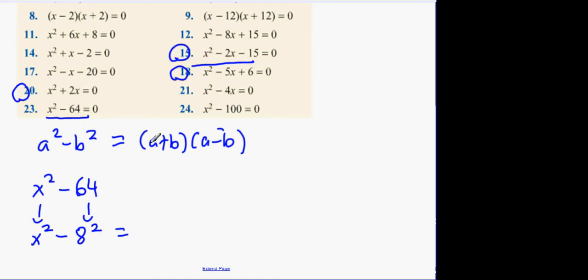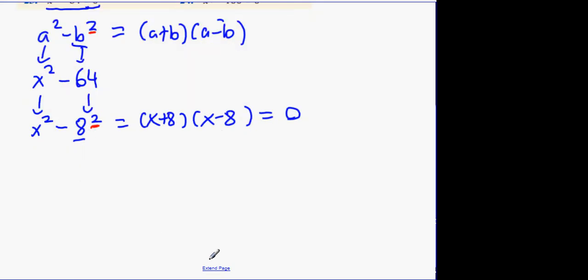Now, instead of a we have x, and instead of b we have 8, because look, the 2 is there. So it's going to be x plus 8 and x minus 8. Now remember, all of this has to equal 0. So like last time, it's the first bracket equals 0, or the second bracket equals 0. So it's going to be x plus 8 equals 0, or x minus 8 equals 0.